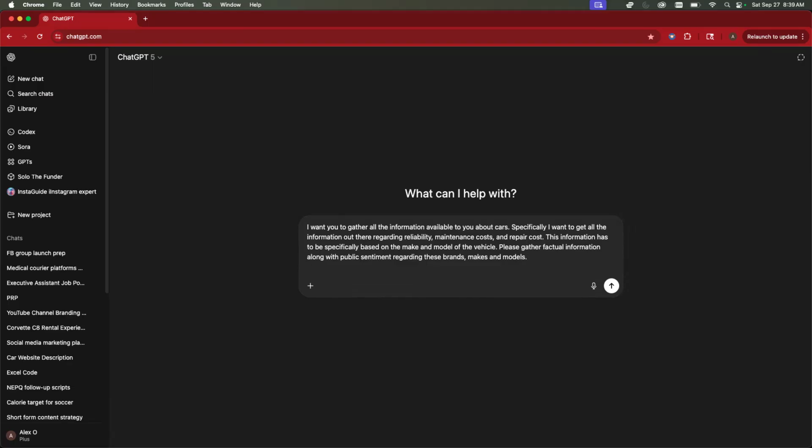Boom. So what have I just done? I've just told ChatGPT to essentially go out there, go into its database, which is basically the entire internet, and find all information about cars. And I told it specifically, I'm looking for the reliability, the maintenance costs, and repair costs based on the make and model of the vehicle. And I also told it to gather information on public sentiment.